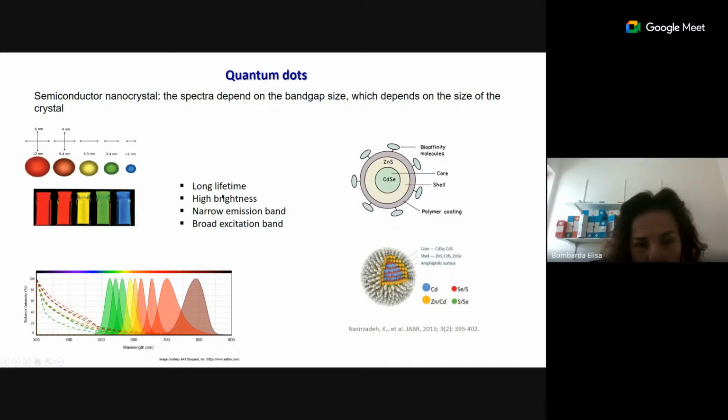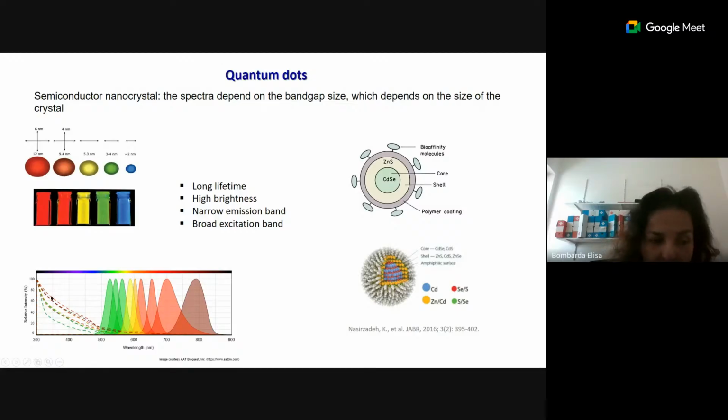So the advantages of quantum dots are some spectral characteristics, like long lifetime. They have quite high brightness. They have a narrow emission band and a broad excitation band.